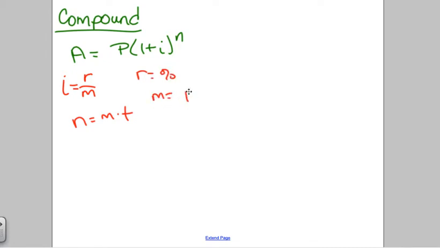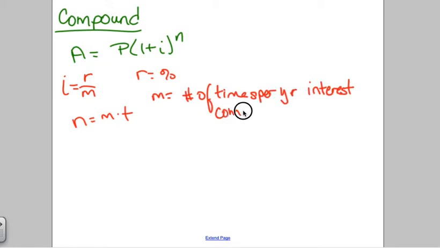M is the number of times per year the interest is compounded. And T is time in years.